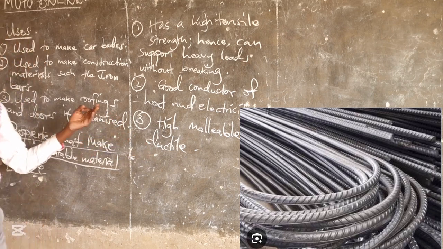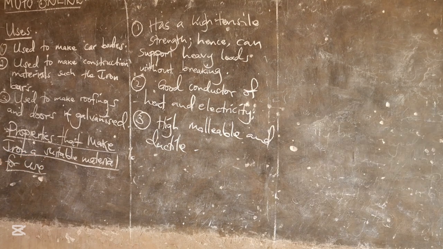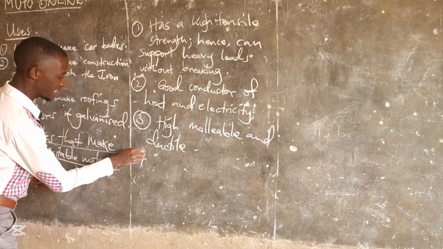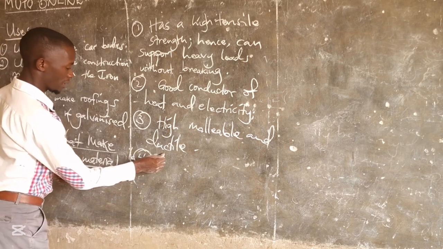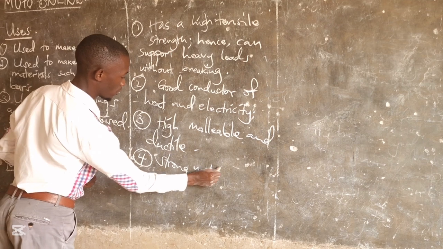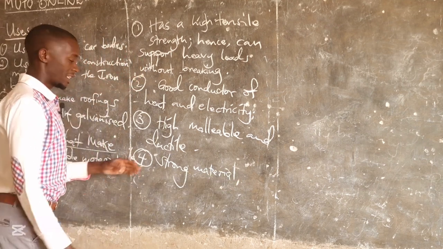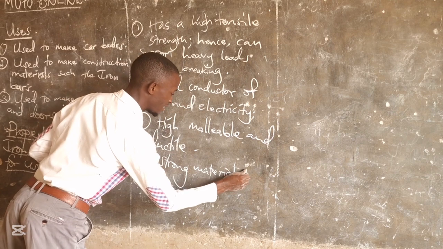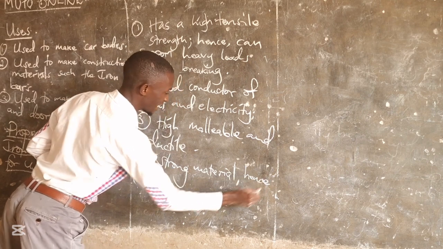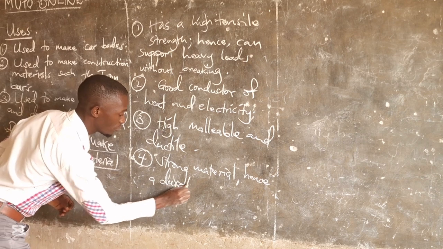We are looking at properties that make iron a suitable material for use. Iron is a strong material. The strength of iron makes it durable.